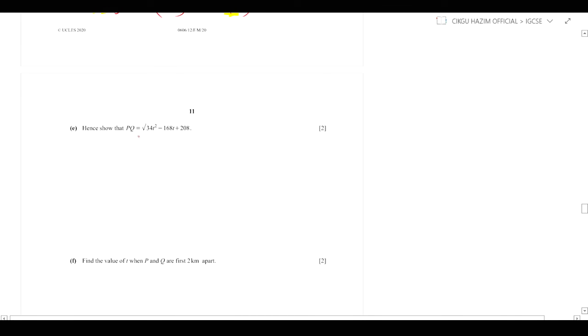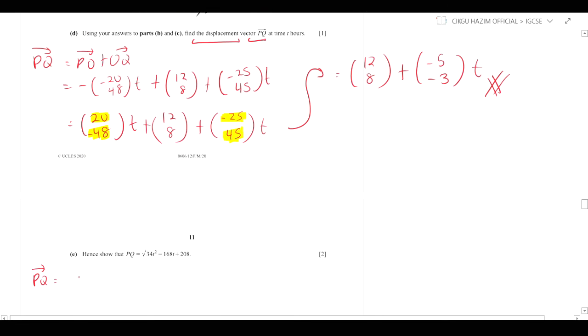And hence show that PQ is the square root of 34t squared minus 168t plus 208. We can understand that the PQ direction can be written as (12, 8) plus (-5, -3t). If we write in terms of i and j, it means 12i plus 8j minus 5ti minus 3tj.